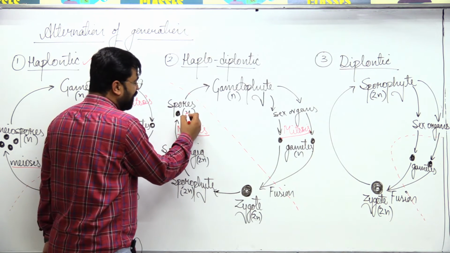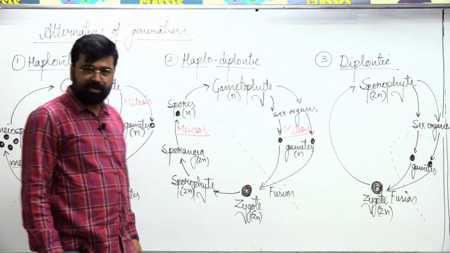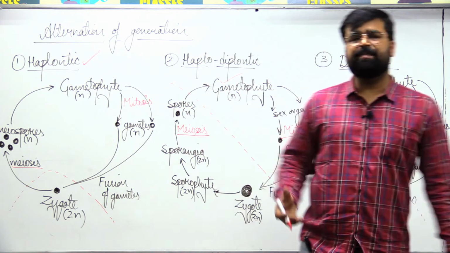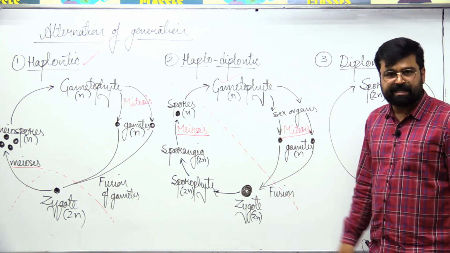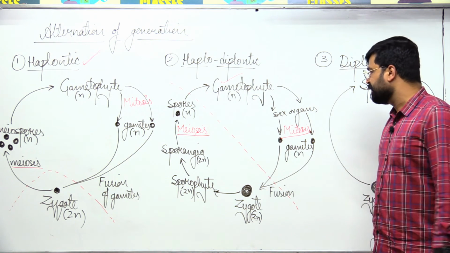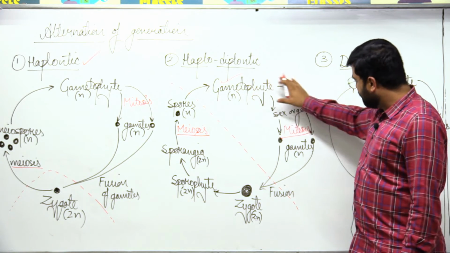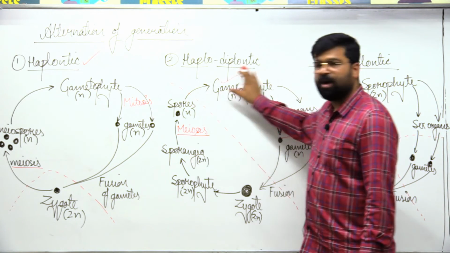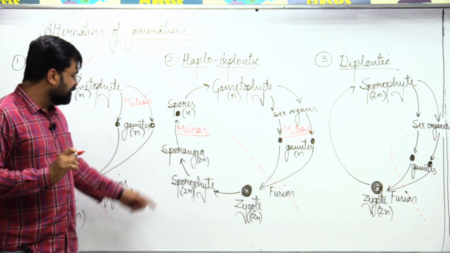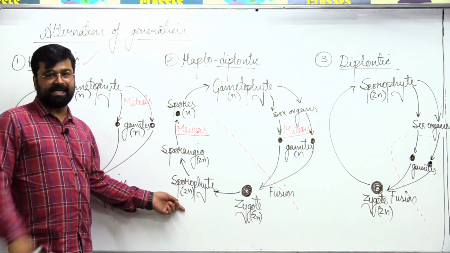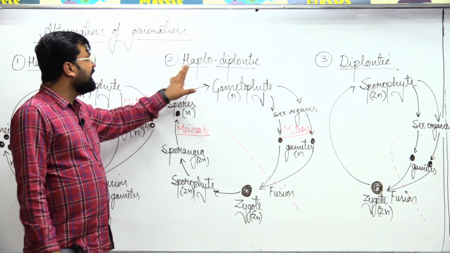Now these haploid spores will germinate to give rise again to a haploid gametophyte. During germination, which type of cell division is taking place? Definitely mitosis, since the ploidy is the same. So again the plant enters the gametophytic phase, and the same process goes on. Here the gametophyte is multicellular and the sporophyte is also multicellular. So that was haplodiplontic.